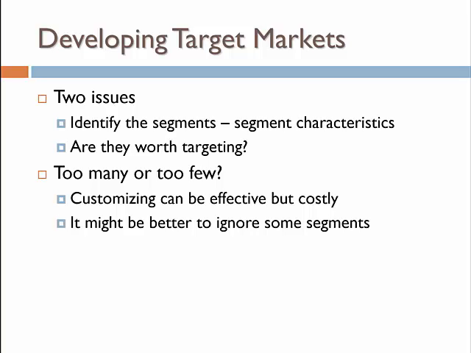But if both segments are sufficiently large, then targeting both would actually make more sense. Now, in that case, the manager should be thinking about targeting the two segments with a product line if the preferences across the two segments are sufficiently different. So these are inherent trade-offs which need to be examined before making the targeting decisions.